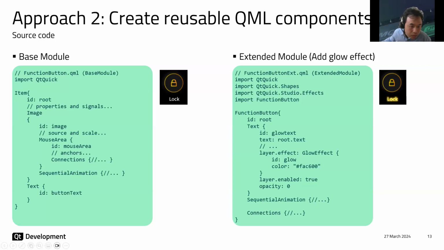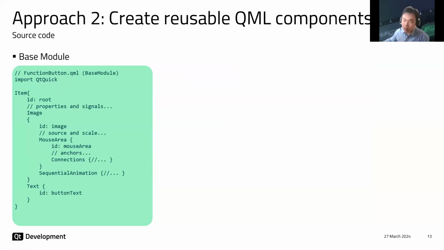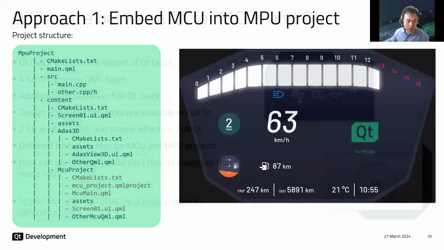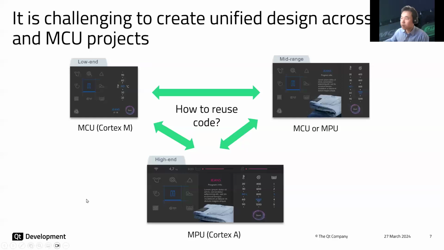Okay. Someone said they want to see slide number 7. Let's go back. So slide number 7 here shows that in practice, when you do projects in different repositories or for different MCU and MPU projects, it is still not so easy to directly reuse the code.